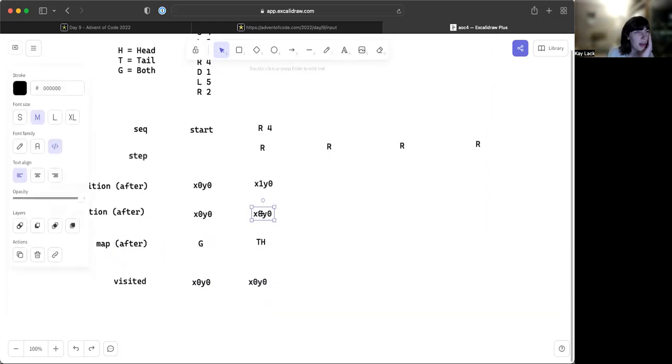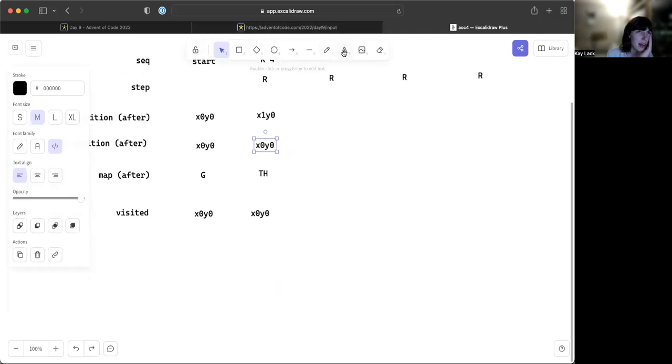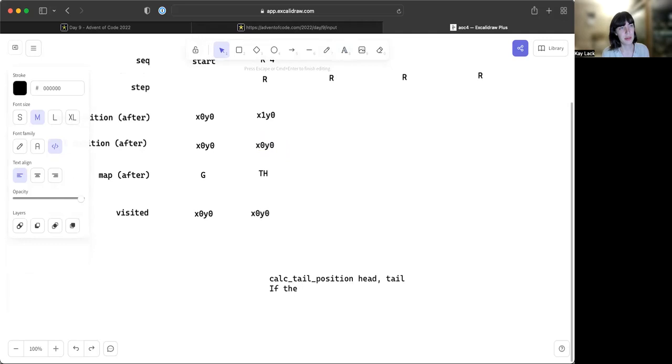So how did we calculate that? We're going to treat the same row and the same column separately.